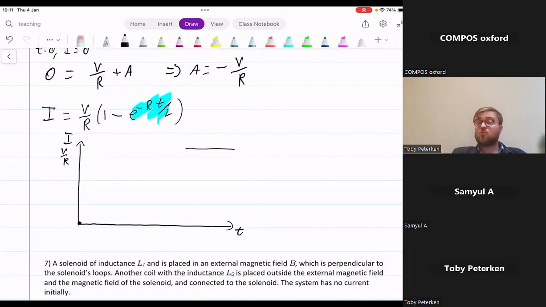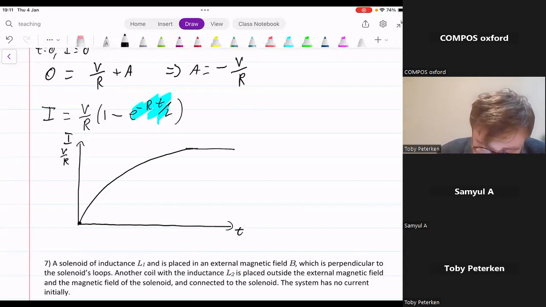When the current would normally be running instantly, the voltage created by the inductor is really high to cancel out that current. And then the current varies gradually along the way.